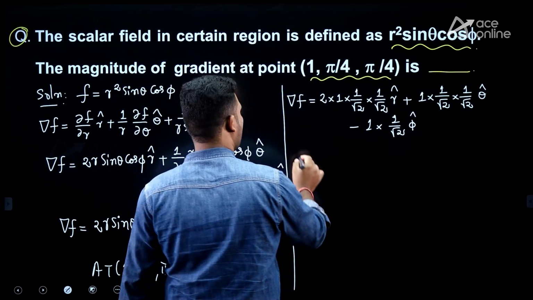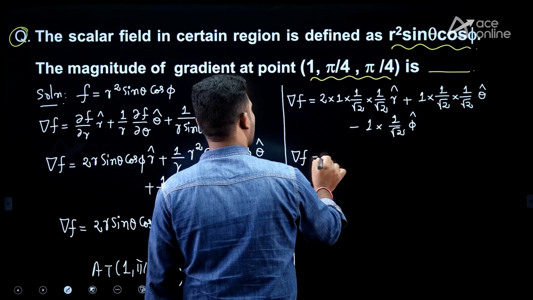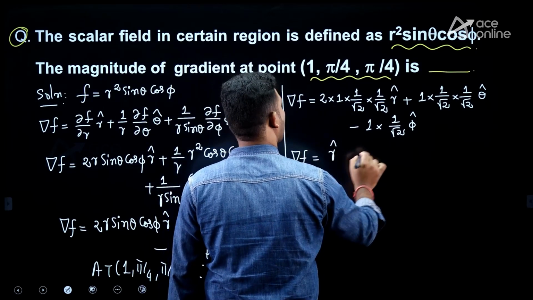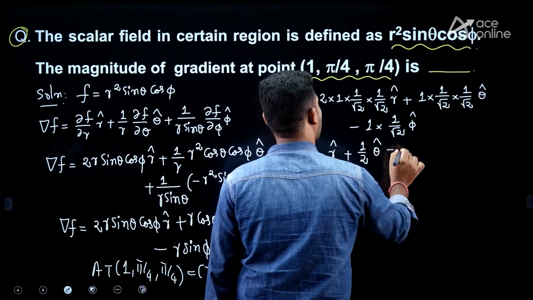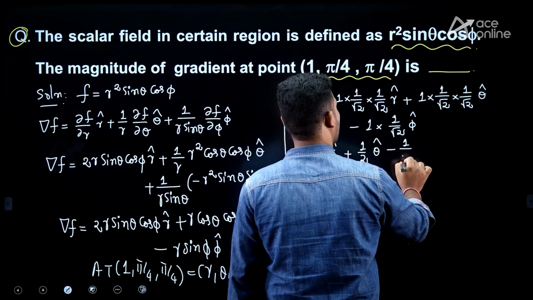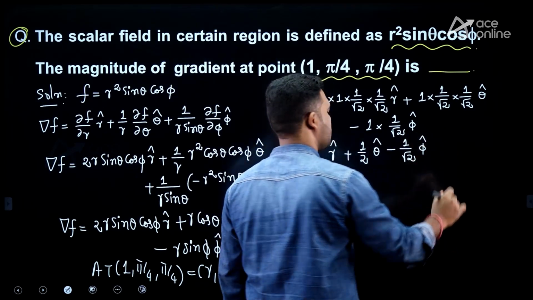Clear, guys? So the gradient of f is r cap plus 1 by 2 theta cap minus 1 by root 2 phi cap.